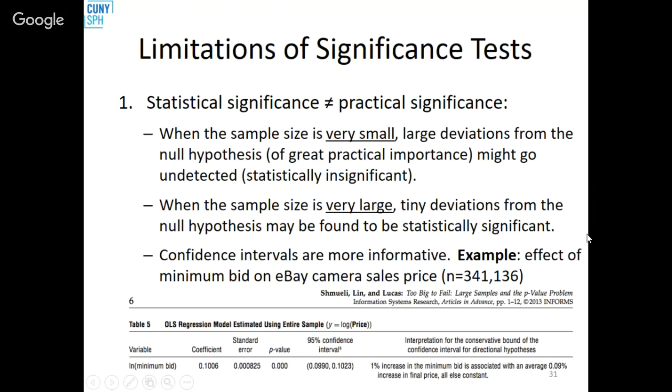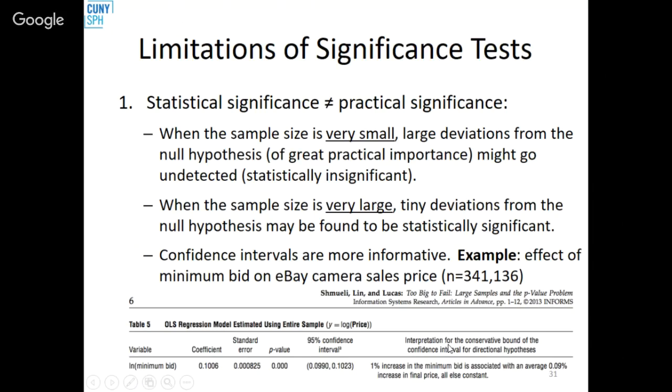This is an example of the effective minimum bid on eBay camera sales price, where there were 341,000 auctions here. This was a paper on the pitfalls of very large sample sizes, where they are using the logarithm of the minimum bid and found this coefficient of 0.1, which has a p-value of essentially 0 and a 95% confidence interval of 0.099 to 0.103, so a very small confidence interval.